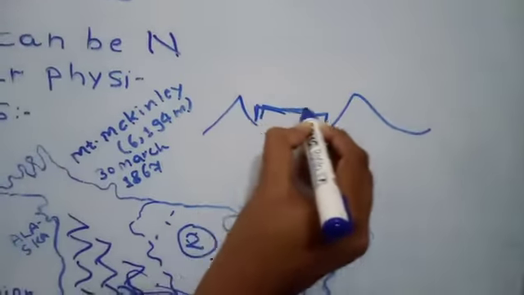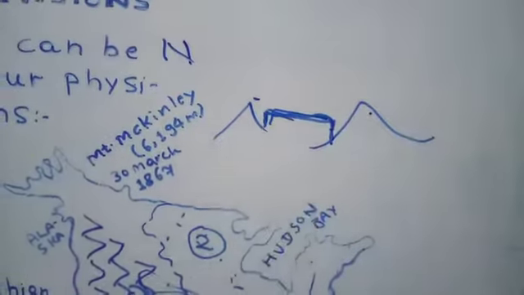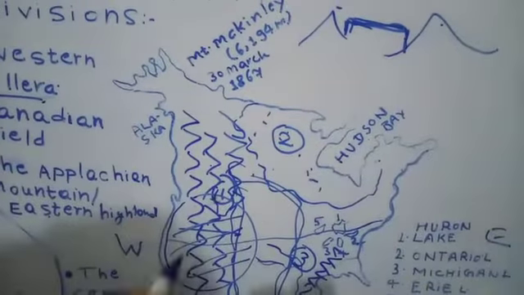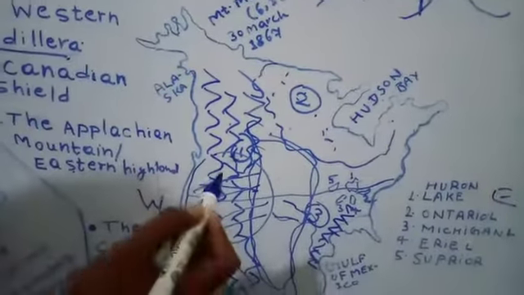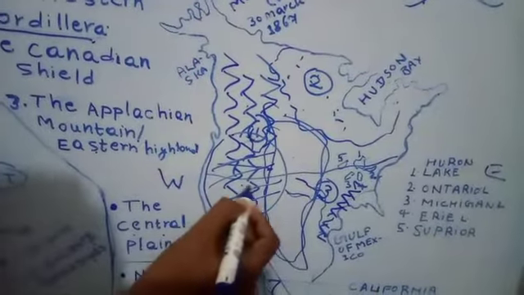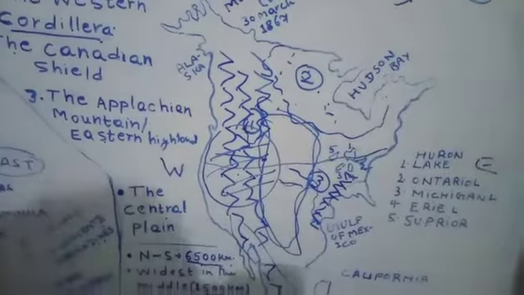The plateau which is situated in between the mountains is called an intermountain plateau. So in between these mountain ranges, there are different plateau regions, and because they are situated in between the mountain ranges, that's why they are called intermountain plateaus.